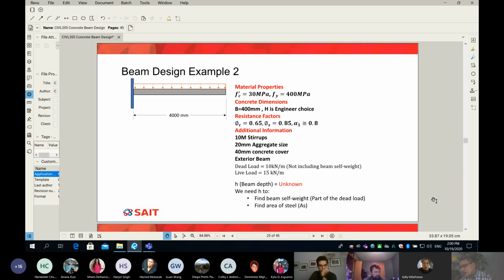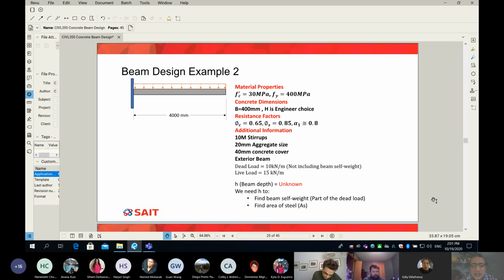Unknown means engineer's choice. It means the engineer will have to decide how much. Unlike the previous problem, where the H was completely given to you, in this example I didn't provide such information, and I will show you what to do if the H is not given.